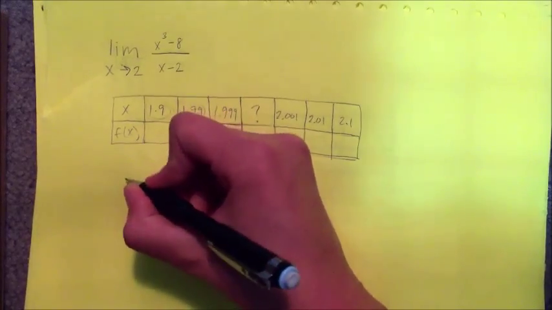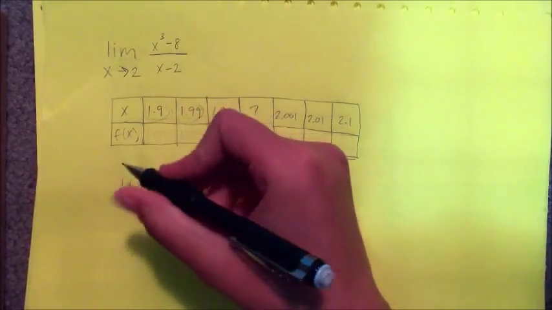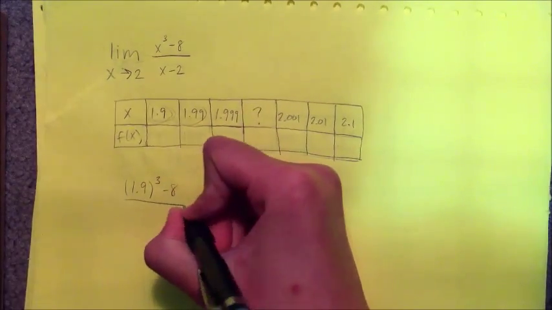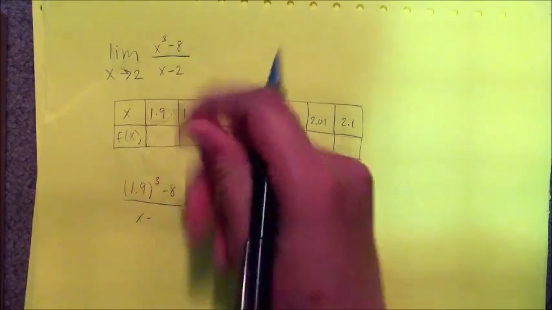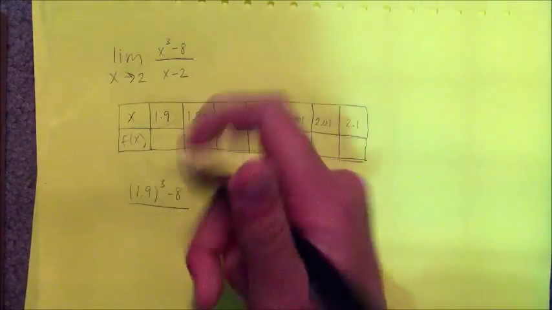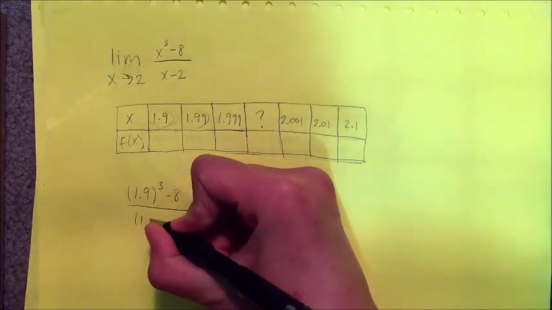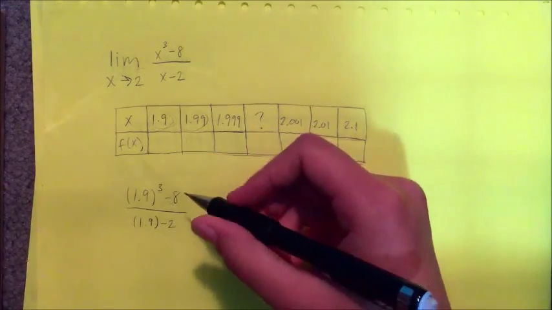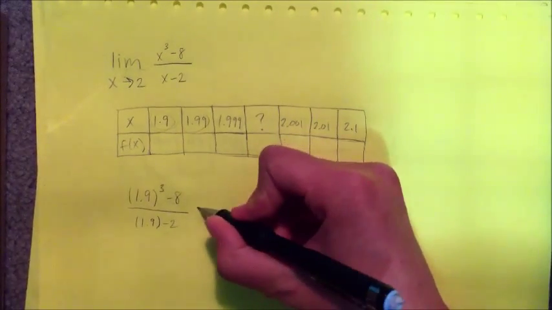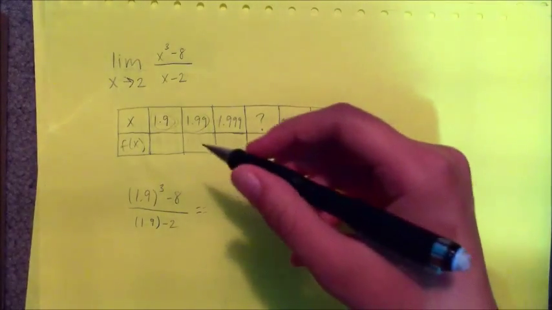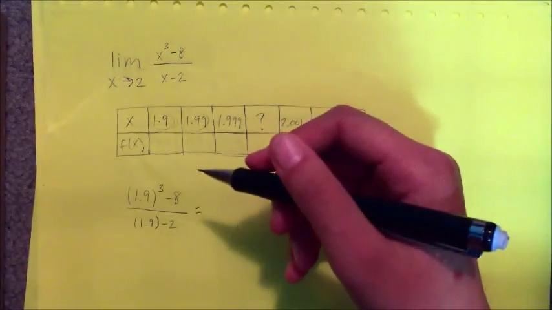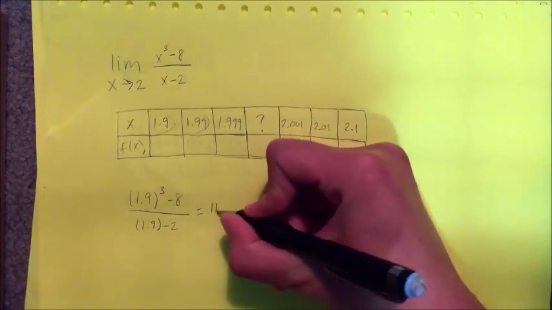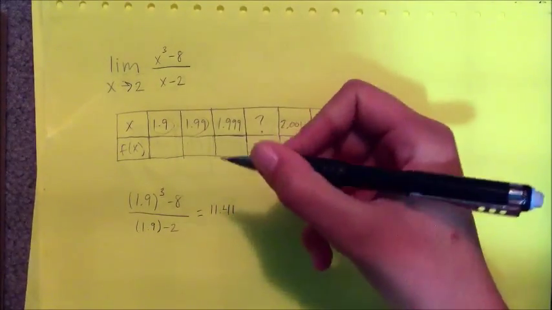So we'll end up doing something like this: 1.9 cubed minus 8 over 1.9 minus 2. And with this, we get, just plugging it into the calculator, because it's unlikely that you'd be able to do this in your head, 11.41.